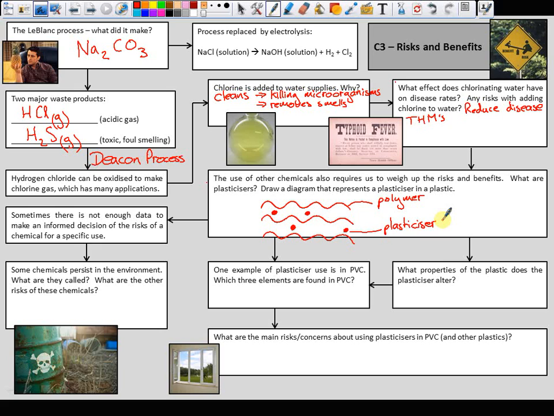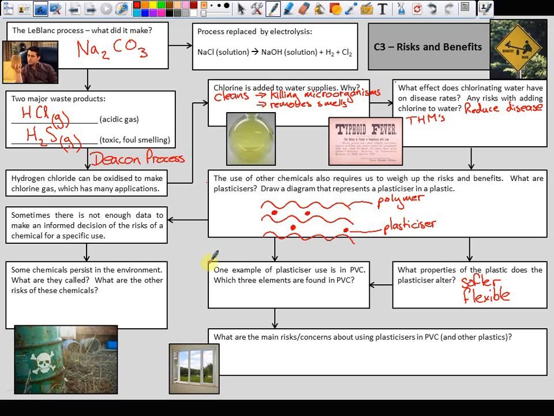What properties of the plastic does the plasticizer alter? This goes back to C2. Well, it makes them softer and it makes them more flexible. One example then of a plasticizer use is in PVC. Which three elements are found in PVC?